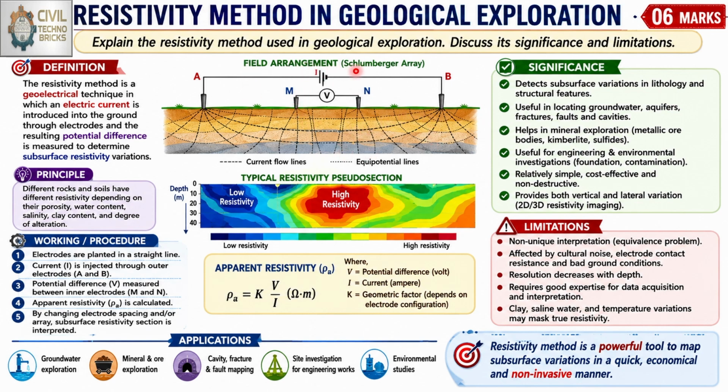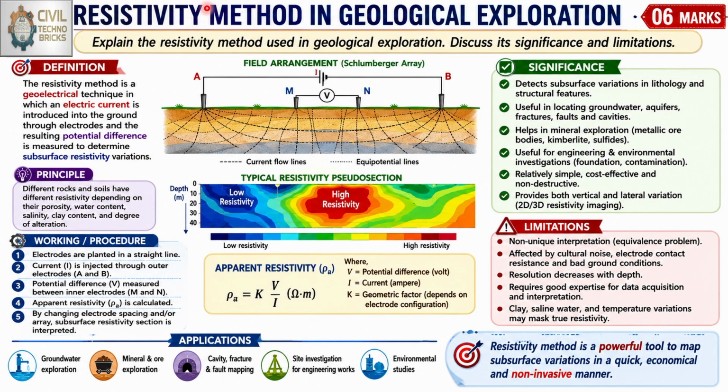In the field arrangement, at two locations A and B, we are introducing the electric current. The dashed lines are the current flow lines and the dotted lines are the equipotential lines.